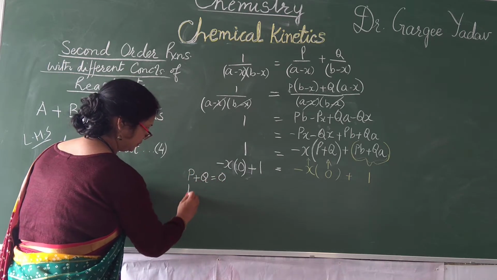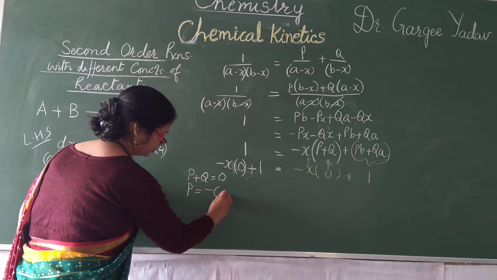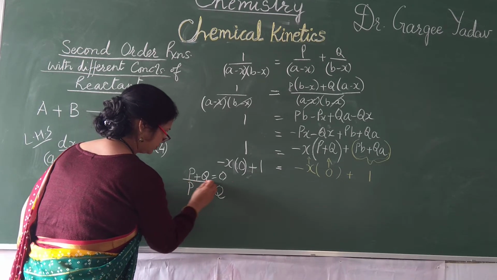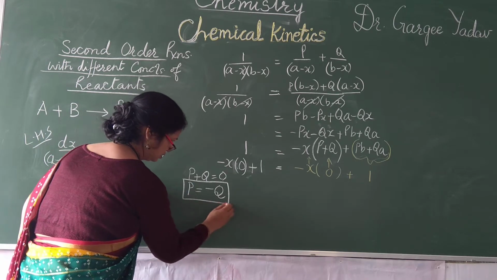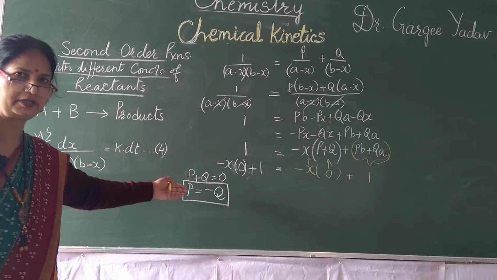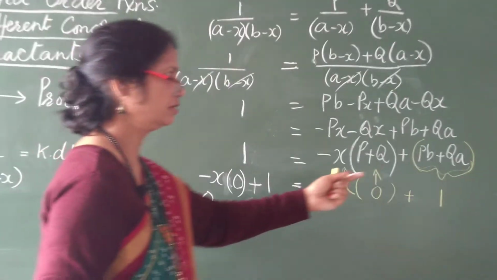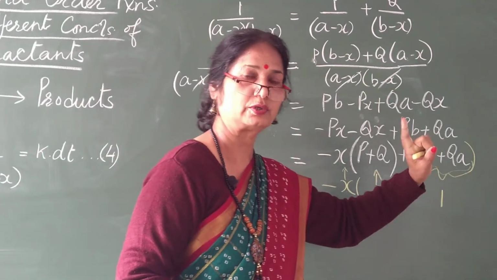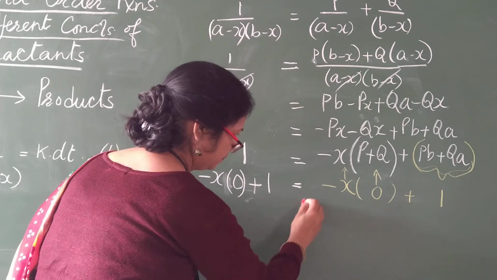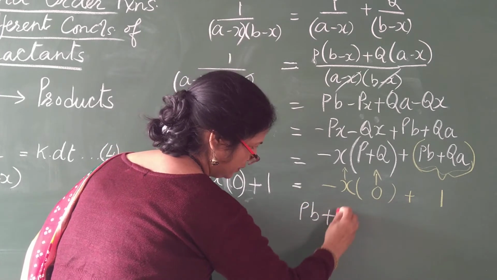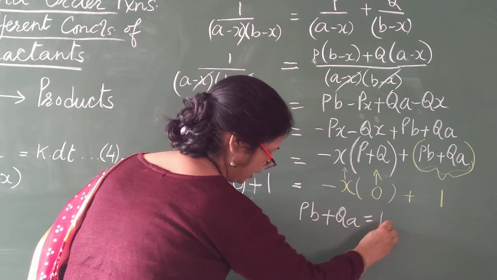This means that p will be equal to minus of q. This is our one relation in which we have got the value of p. Now let's see another relation: pb plus qa is equal to 1.